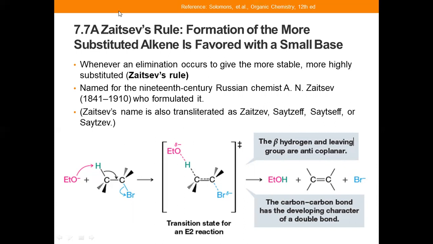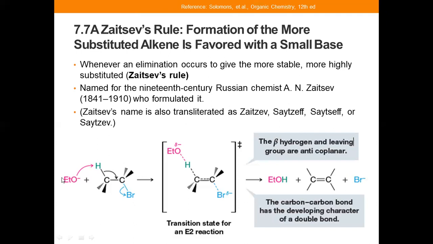The highly substituted alkene is the more stable one, and that is what we call the Zaitsev rule. Named after the Russian chemist Zaitsev, and it's also transliterated as Zaitsev. Anyway, it's Russian.